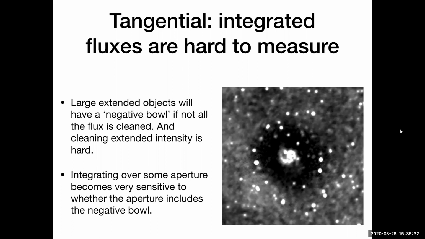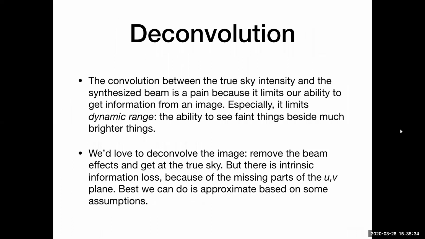Okay. So that launches us into deconvolution algorithms. Basically what we can say, particularly based on that last result, is that the convolution between the actual sky intensity distribution, so the actual image, and the synthesized beam, which comes from our measurement, is kind of a pain because it's making it hard to get good measurements of certain things in the images.